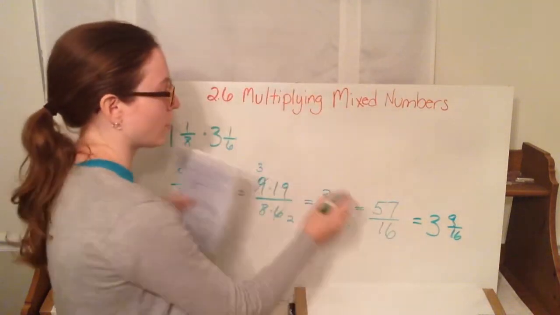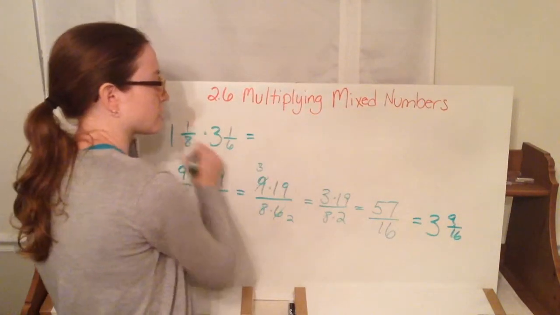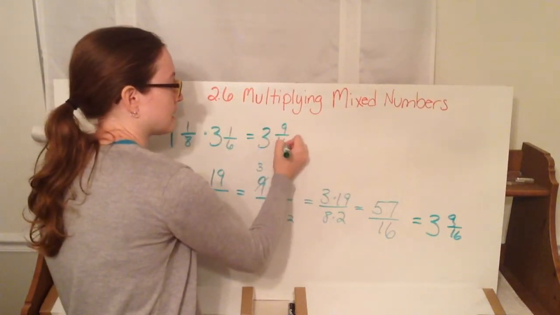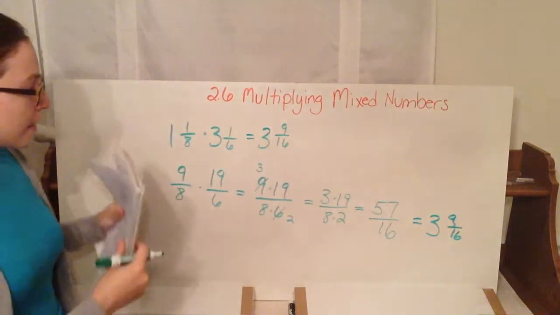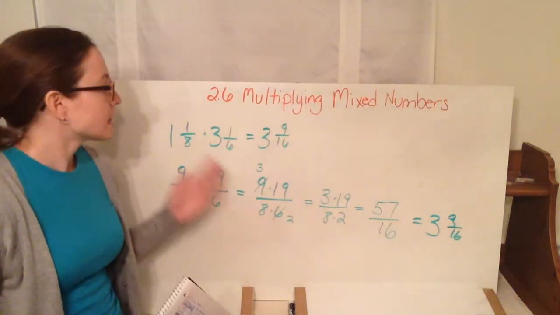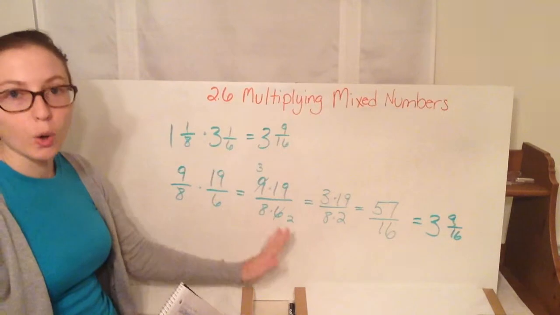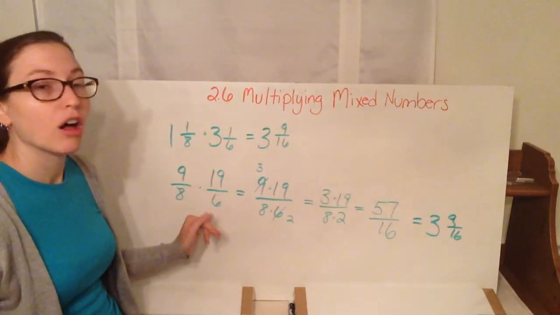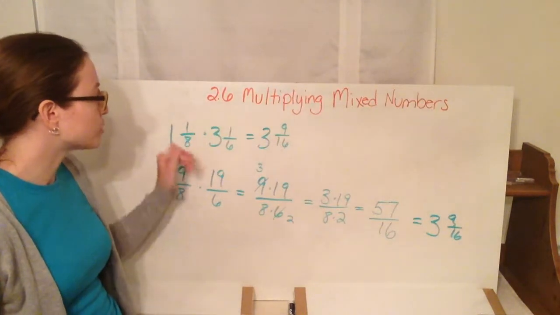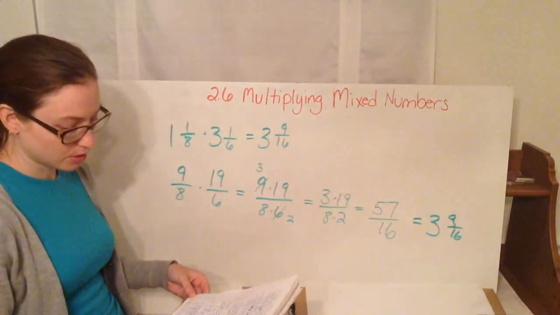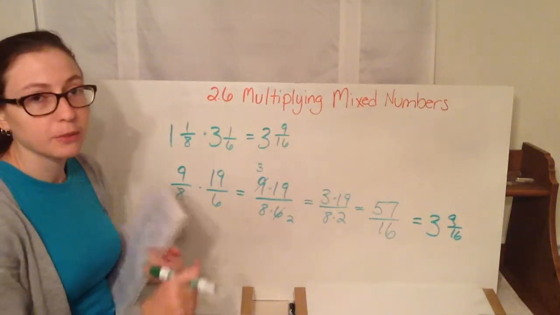Okay, so our answer for this multiplication of mixed numbers is 3 9/16. There is another way to do this, but it's so much more complex that I suggest doing this way only. This is much easier and simpler, and I know that all of you are already pretty comfortable converting from mixed numbers to improper fractions. So there's nothing really tricky there.